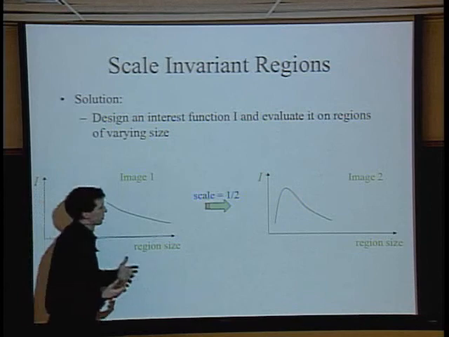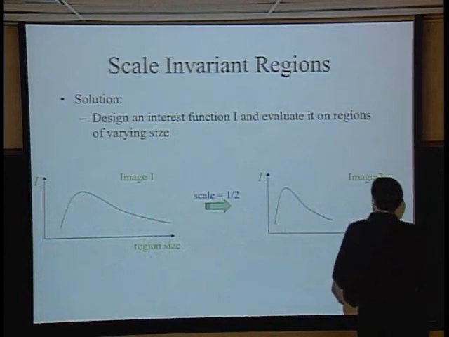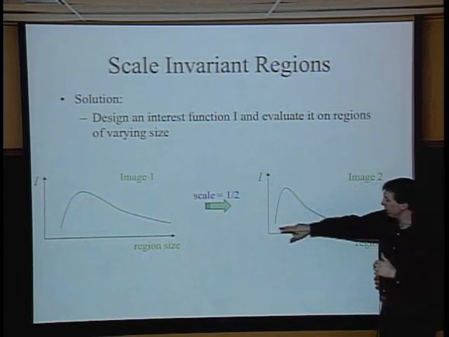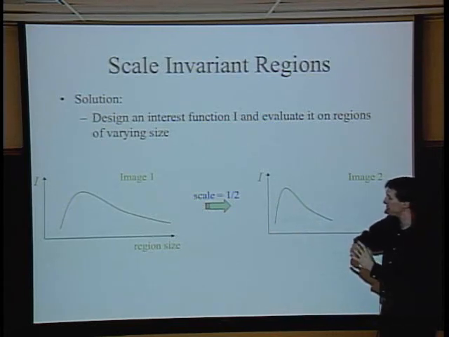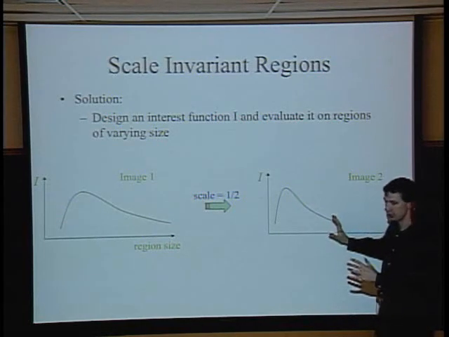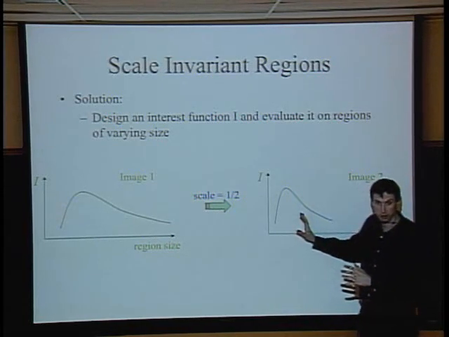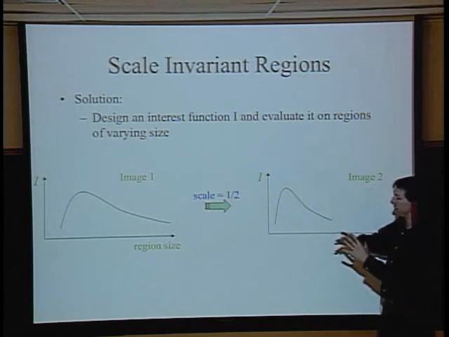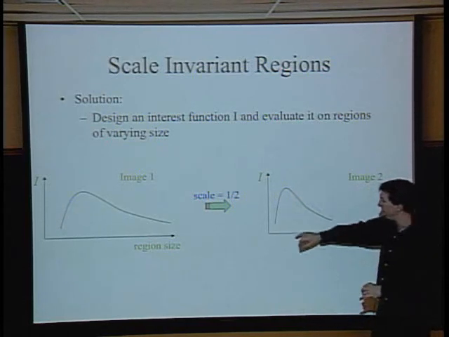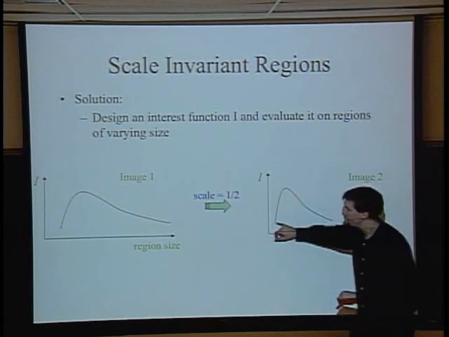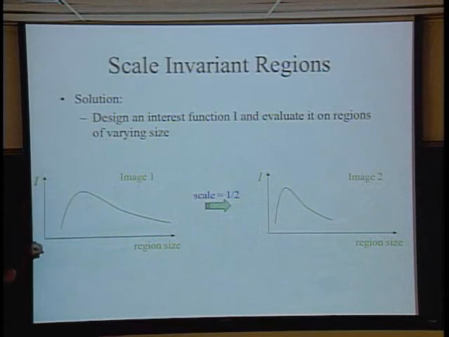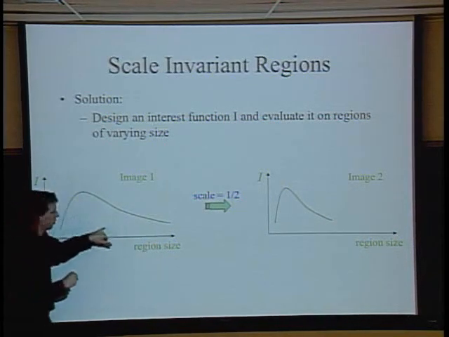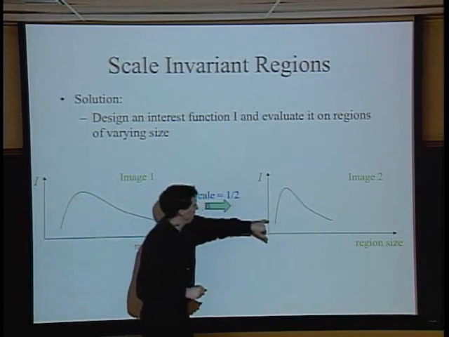If the interest function is doing what it should, this graph is going to scrunch up and shift to the right, because the thing imaged at the smallest scale is not even going to be on this plot.